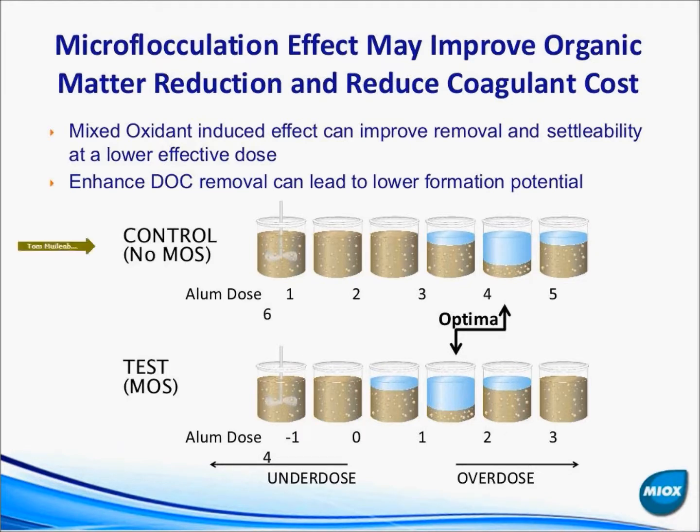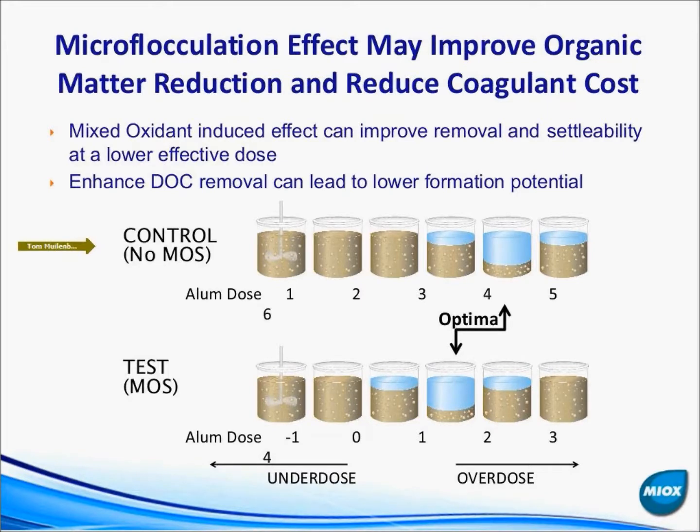At the top, let's say, is your control, your normal chemical regime, and you may have an alum dose, let's say optimal here is the number 4 on this first one. You may have 5 different jars numbered 1 through 5, where the optimal dose is in jar 4, and then 5 is overdosing, and 3 and below are progressively underdosing. And then you are comparing that along with MOSS.